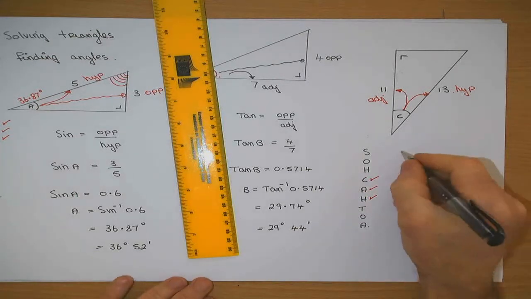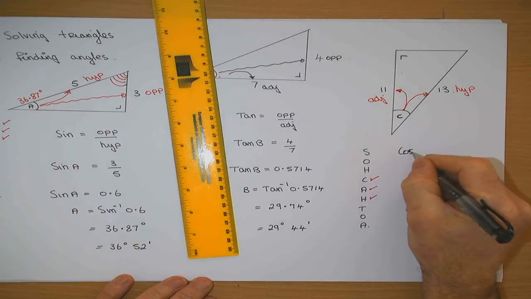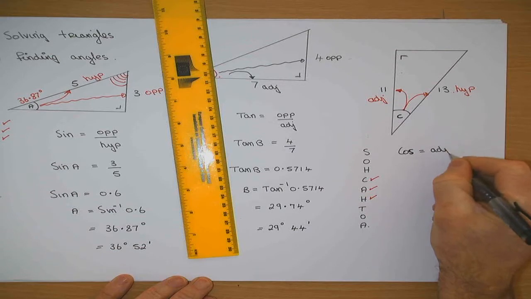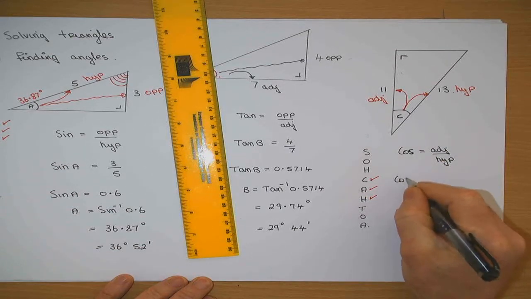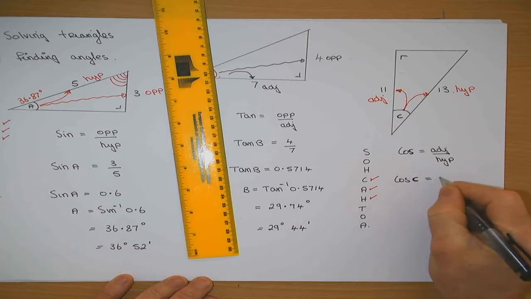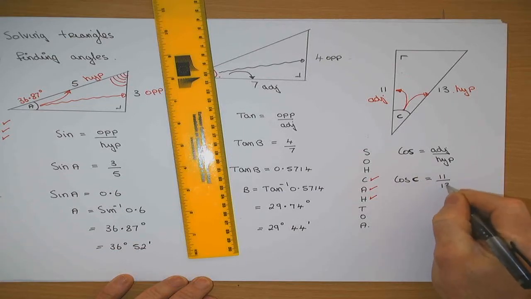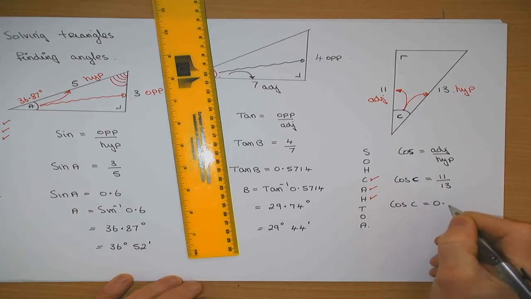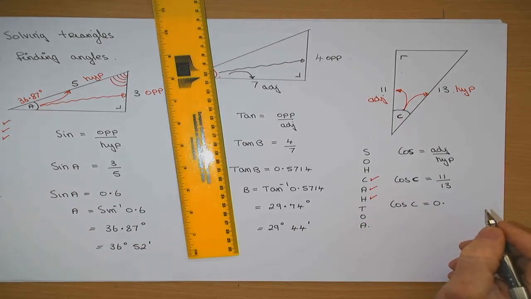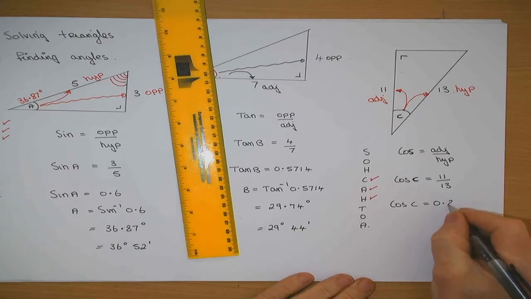Cosine. The cosine of an angle is equal to the adjacent over the hypotenuse. The cosine of my angle C is equal to the adjacent over the hypotenuse. The cosine of C must be put into a decimal with 4 decimal places. 11 over 13, 0.8461.